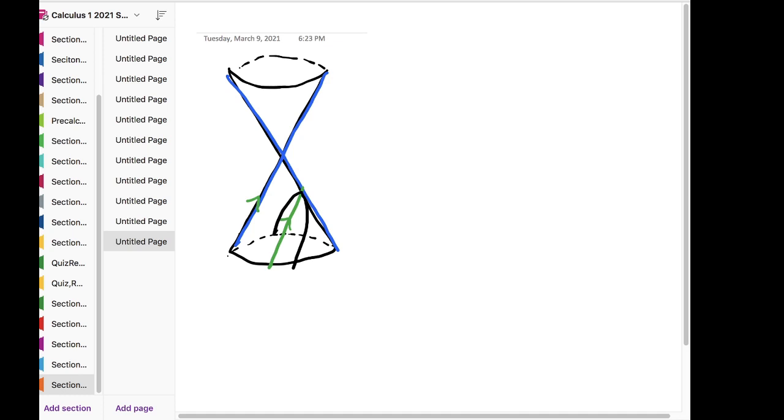So the picture looks something like that. So this is the parabola.